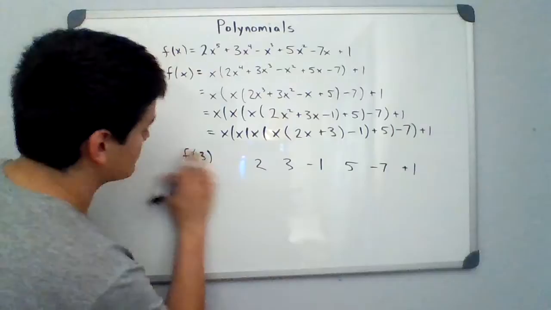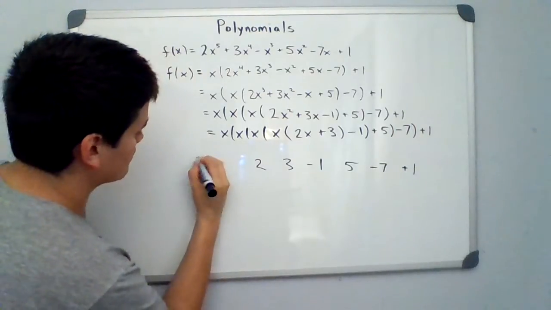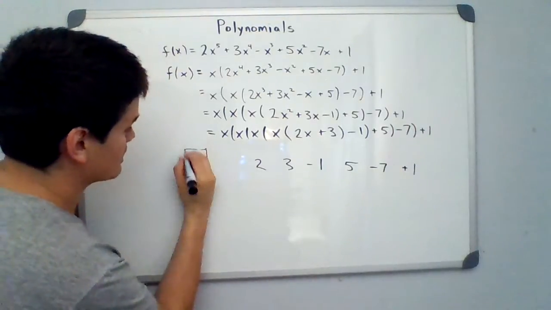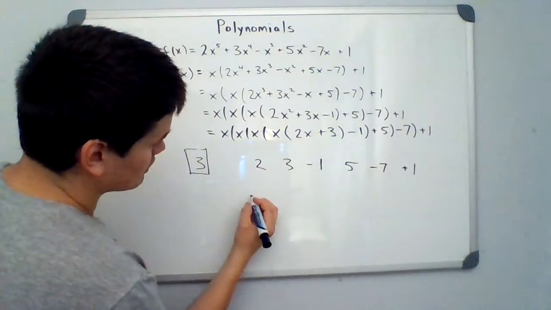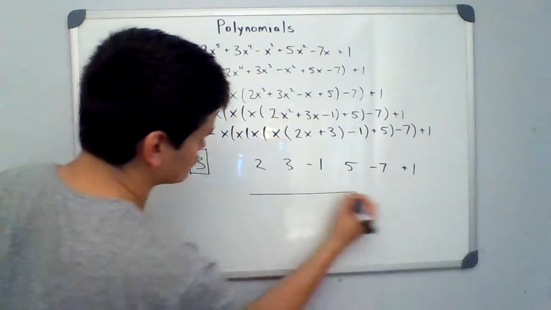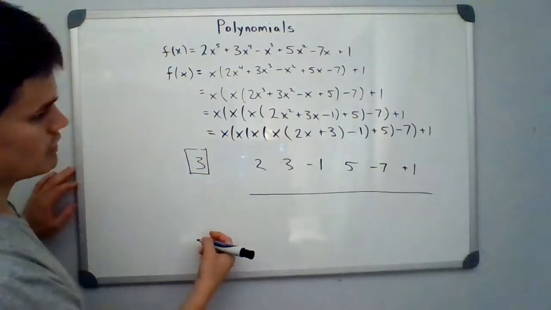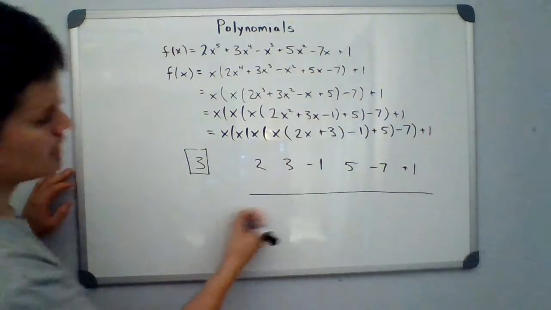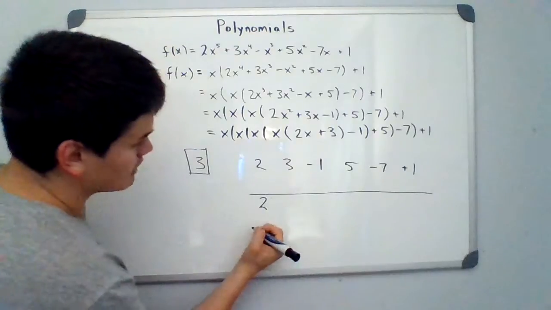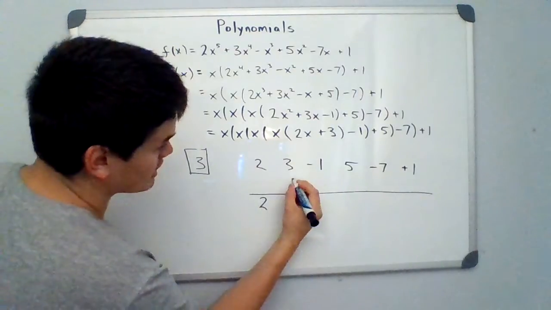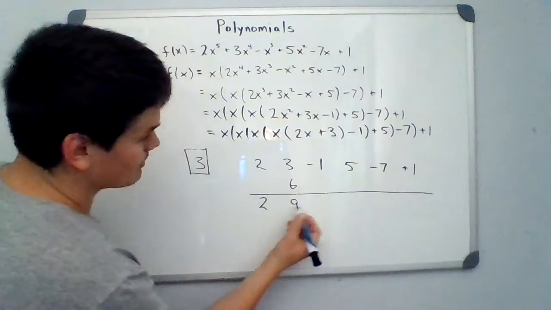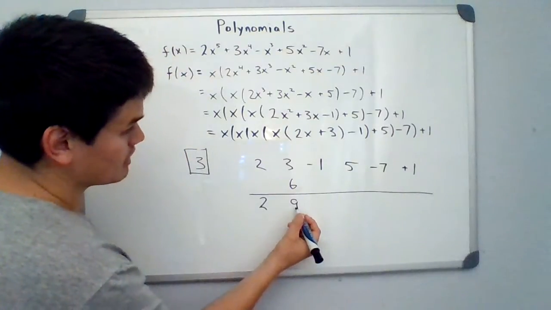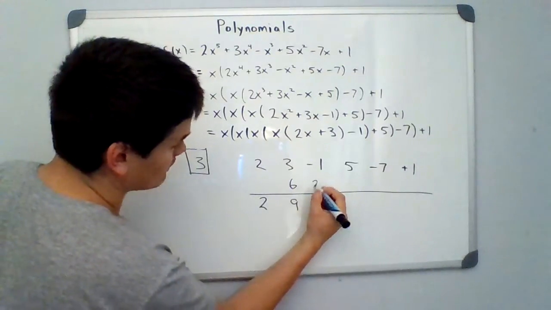I want to evaluate it at 3. So first I'm going to drop the 2 down here, and then I'm going to multiply 2 by 3 and write it here. And then I'm going to add these terms up, and I have 9. And then I'm going to multiply the 9 by 3, and I get 27.